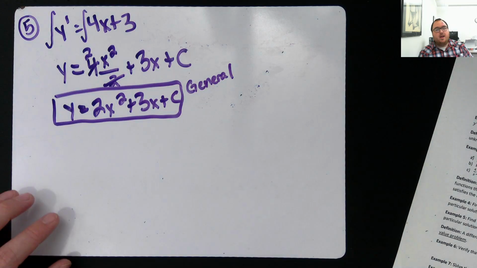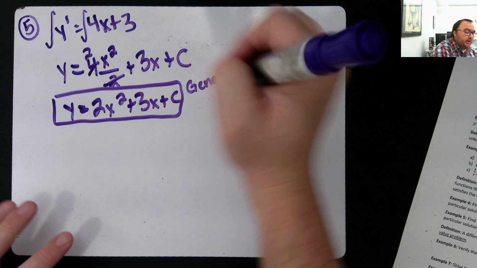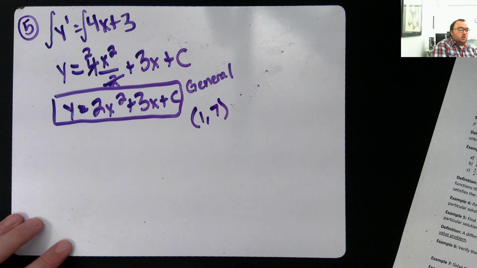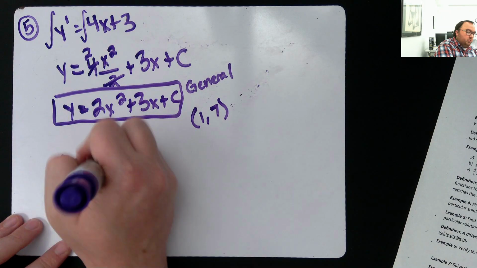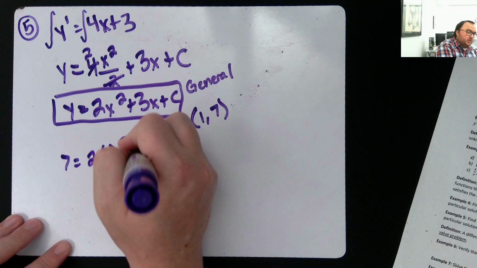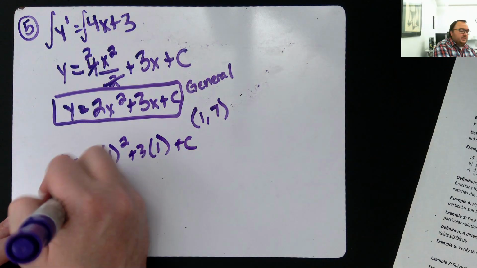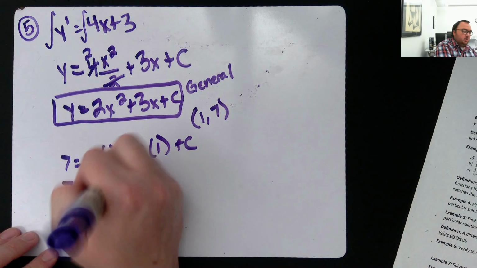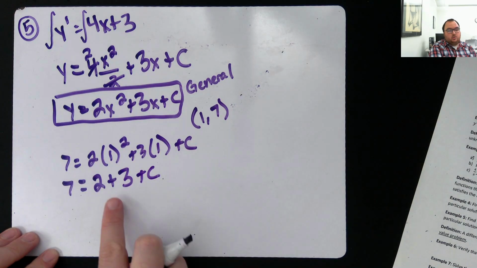Now for the particular, we're going to plug in our point. They give us the point 1, 7. So 7 in for y, 1 in for x. 7 equals 2 times 1 squared plus 3 times 1 plus c. So that means 7 is equal to 1 squared is 1. 1 times 2 is 2. 3 times 1 is 3. 2 plus 3 is 5.